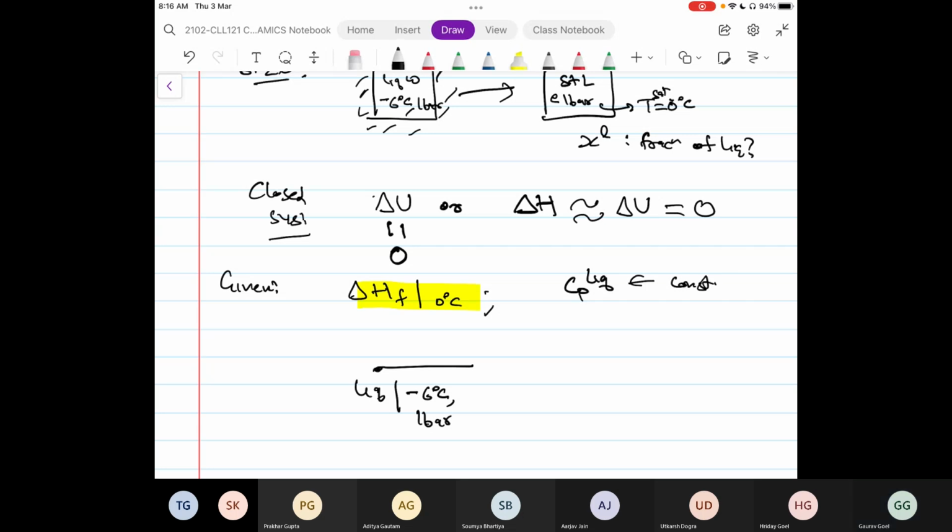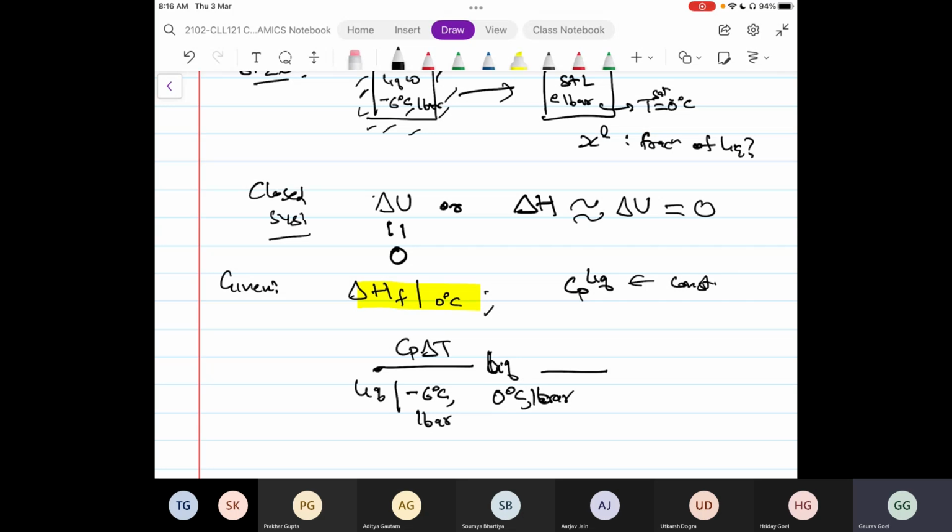So we will first increase the temperature, Cp delta T. Again, do not think that I am saying property changes are path dependent. They are not. However, depending on what information is available to you, you might be able to do a calculation along one path, you might not be able to do a calculation along another path. So that is the issue at hand, which we need to resolve.